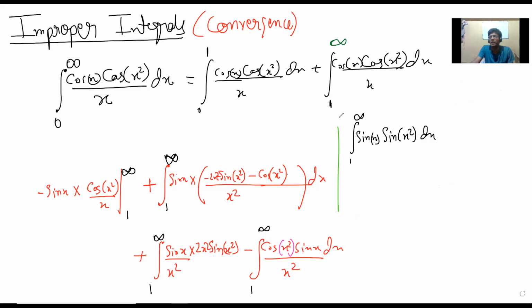I don't know. Let's see, because it's not sin x, right? It's a summation, so it might just exist. We don't know. So how do you do this kind of thing?